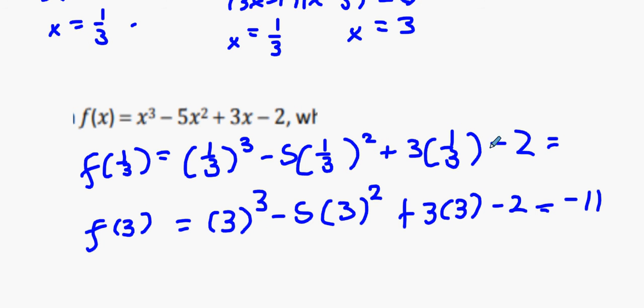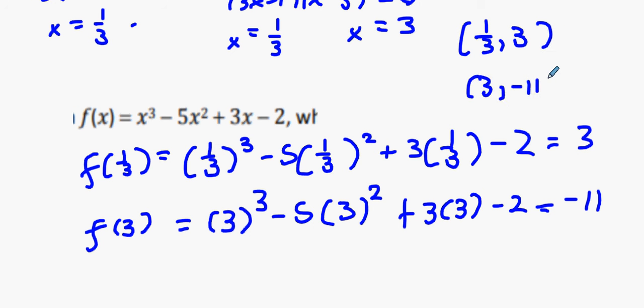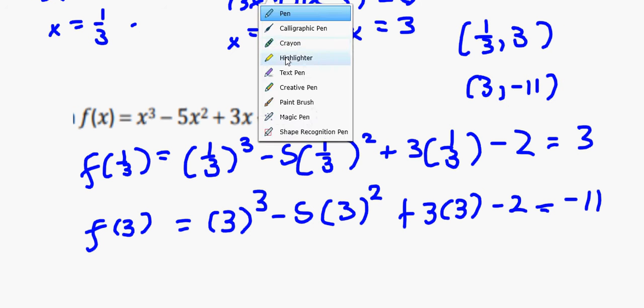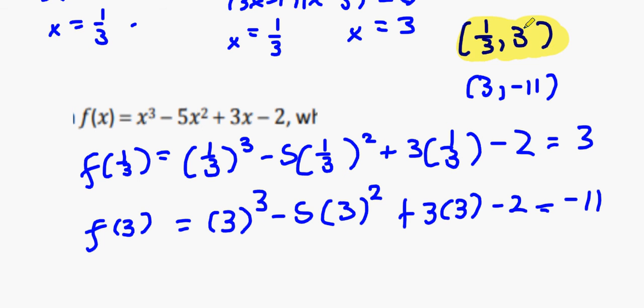Then we get 3. I'm thinking the 2 points are 1/3, 3, and 3, minus 11. To me, that means this one, the yellow, is max, and purple is min. You get 3, Paul, did you?